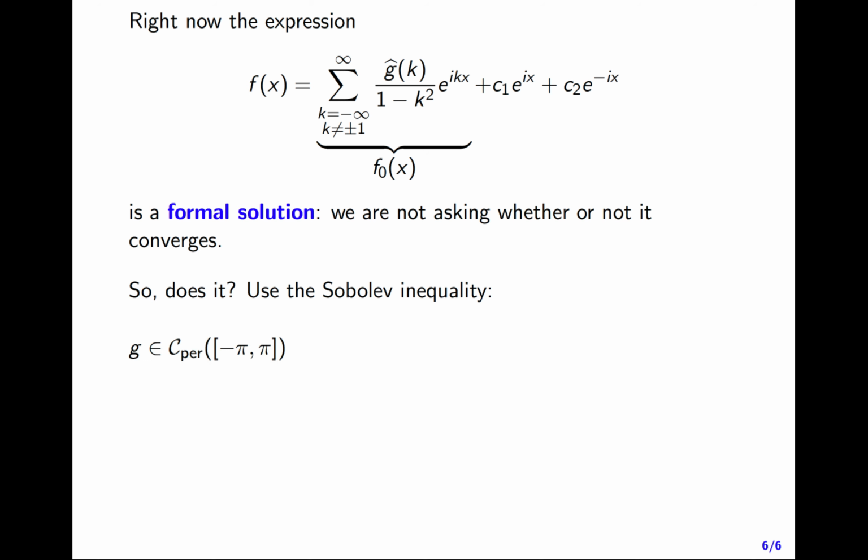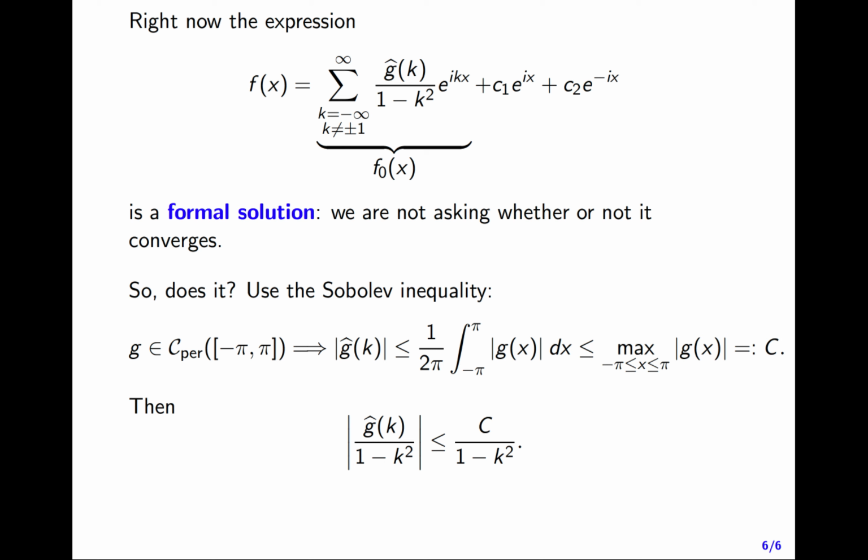So if g is continuous and 2 pi periodic, then we know that the modulus of g hat of k, its Fourier coefficient at k, is less than or equal to 1 over 2 pi times the integral from minus pi to pi of modulus g of x. And that, because g is continuous, is less than or equal to the maximum of g on the interval minus pi to pi, which I'll call c. So g is continuous, g has to have a max on this closed bounded interval.